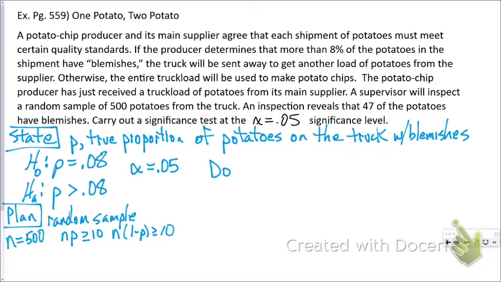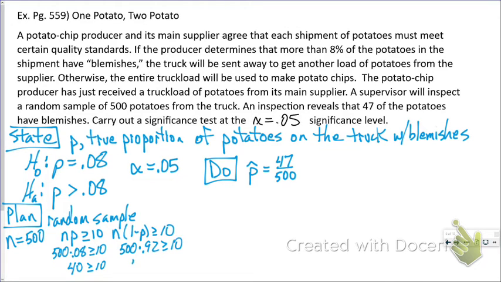We're going to use it on the do step over here. p hat is 47 out of 500. I am not using that yet. In the confidence interval chapter, we used it on the plan step. But anytime you have a claim, you want to use the claim, because we're making this hypothesis based on that claim. So 500 times 0.08, and I believe that is 40, which makes this 460.